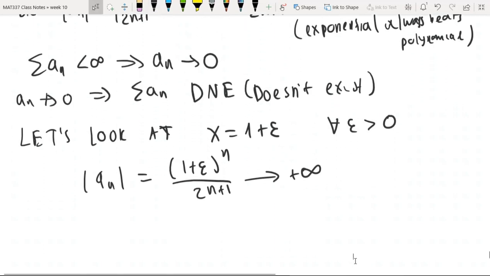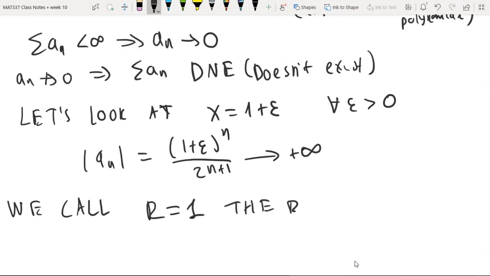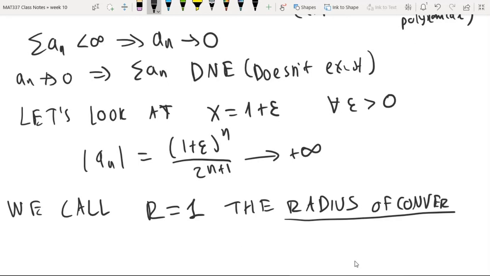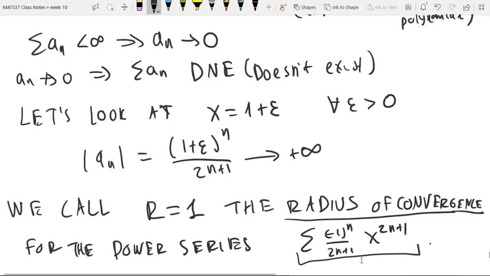So we call R equal to 1 the radius of convergence for the power series, what was it, (-1)^n/(2n+1) x^(2n+1).